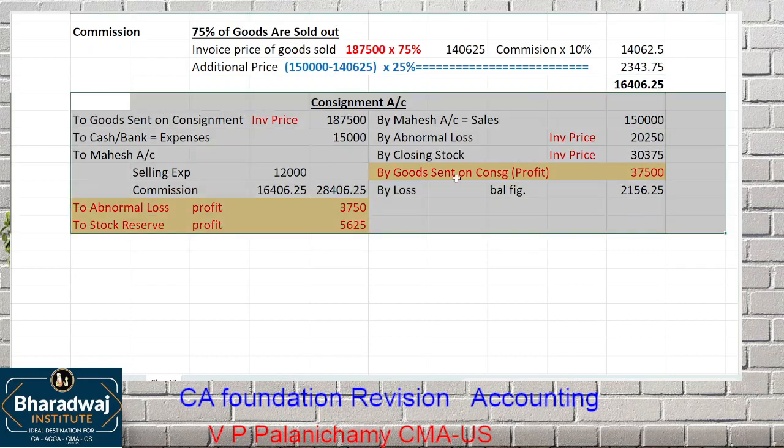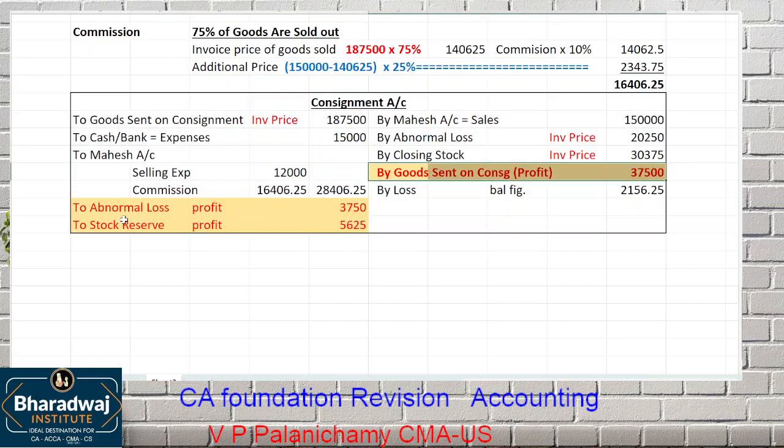Then we prepare the consignment account. In this, we remove the profit on the opposite side. Why are we removing? Because goods are sent at what price?